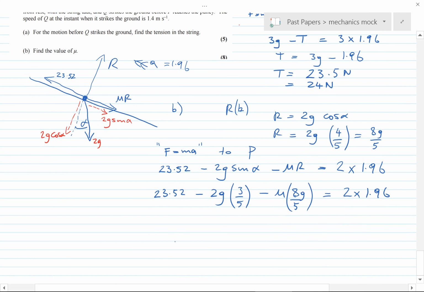Okay, so it's just now a case of fiddling around and rearranging. So let's just take the mu to the front. So it's mu times 8g over 5 is equal to 23.52 minus 6g over 5, that's that bit there, minus 2 times 1.96.